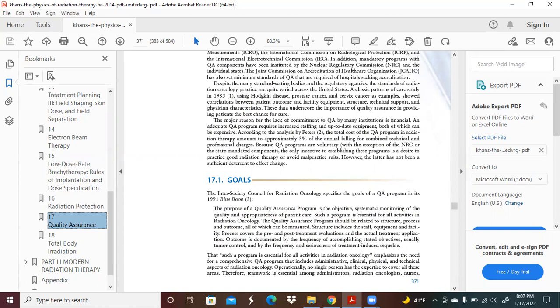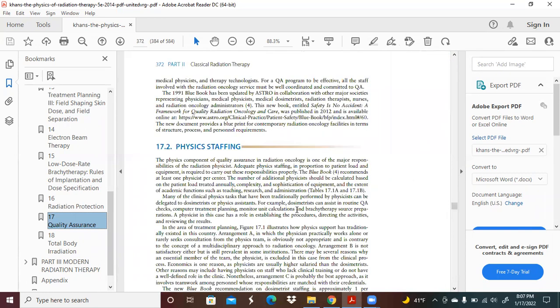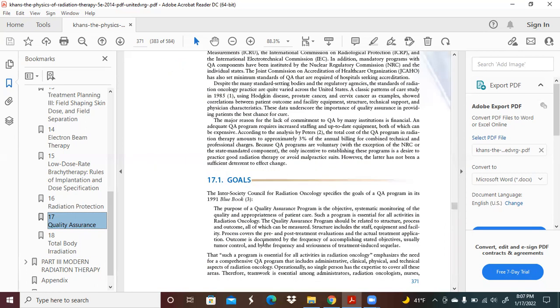So let's take a look here at goals. You've got something called the Blue Book, and its purpose is the objective, systematic monitoring of the quality and appropriateness of patient care.